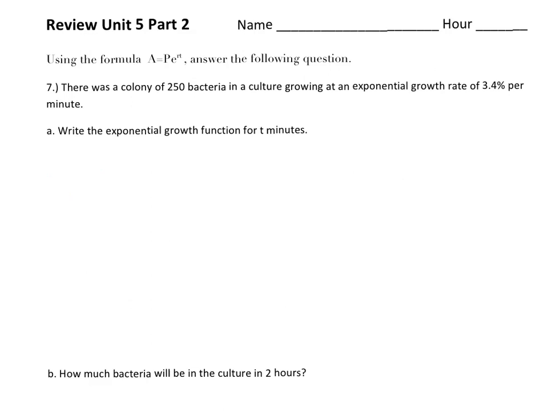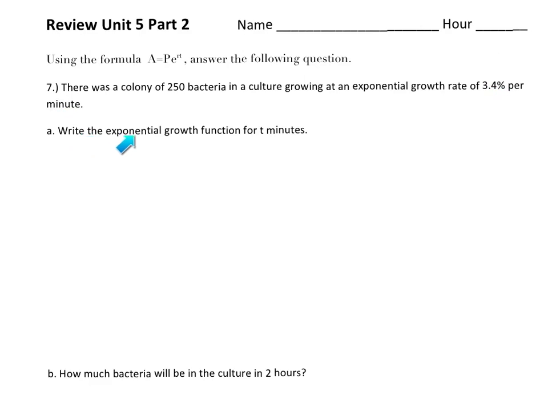For this question, you're using the formula A = Pe^(rt). Okay, and we need to look at this, and it says there was a colony of 250 bacteria in a culture growing at an exponential growth rate of 3.4% per minute.